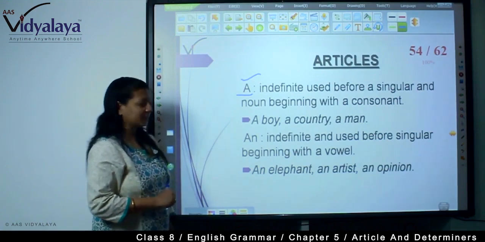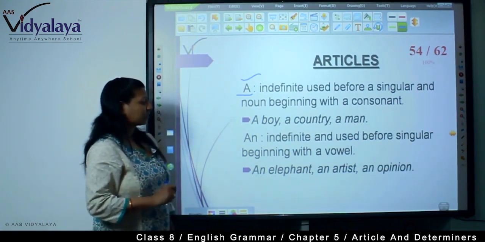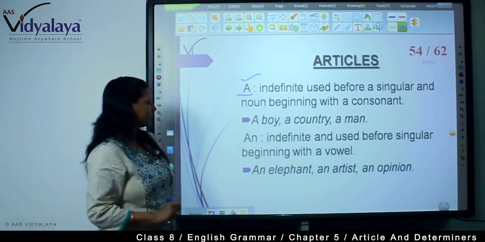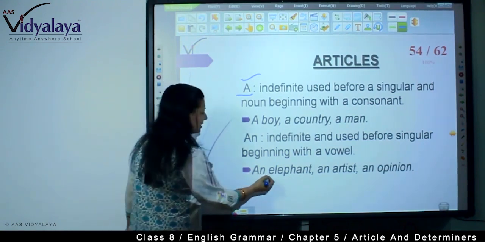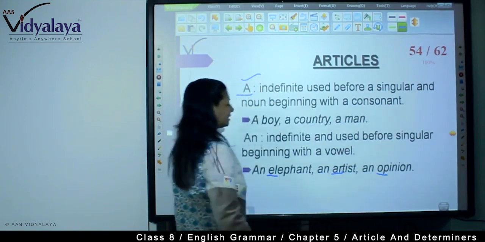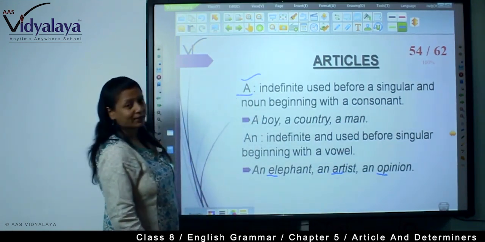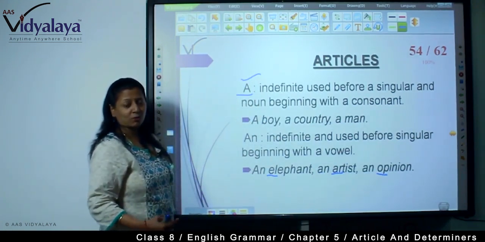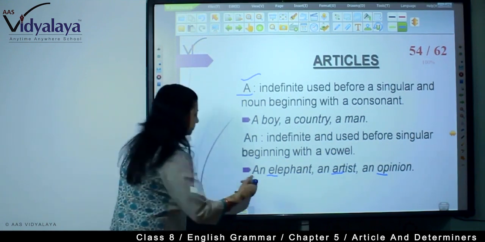And an is also indefinite, but it is used before a singular noun beginning with a vowel. For example, an elephant, an artist, an opinion. So you are seeing the vowel sound is there in pronunciation also. An hour.